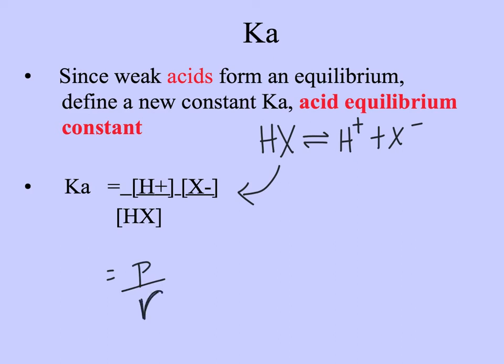Products on top, and don't forget the coefficient becomes the exponent, then the reactants on the bottom. Numbers will be provided, and we'll do some math with this on the worksheet when we get there.